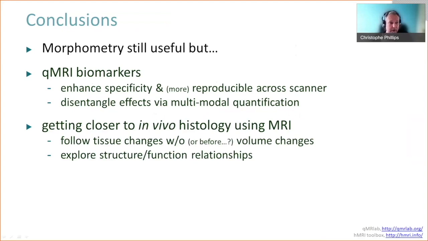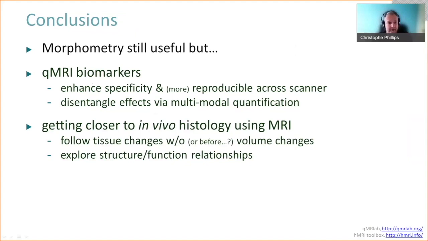This allows us to get closer to this in vivo histology, which allows us to follow tissue changes without or maybe before volume change, and explore more finely the relationships between structure and function in the brain.